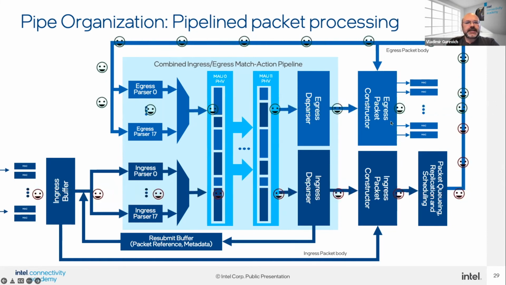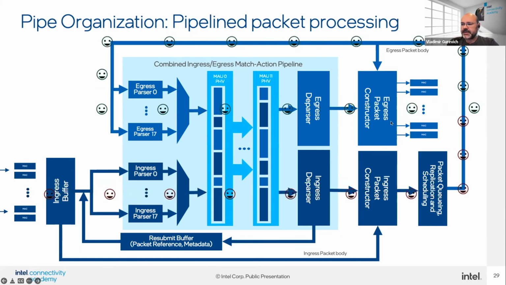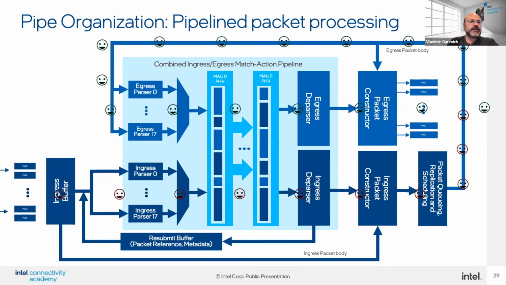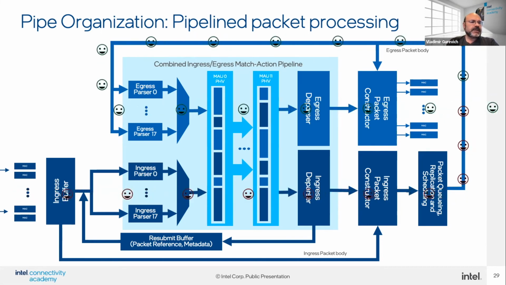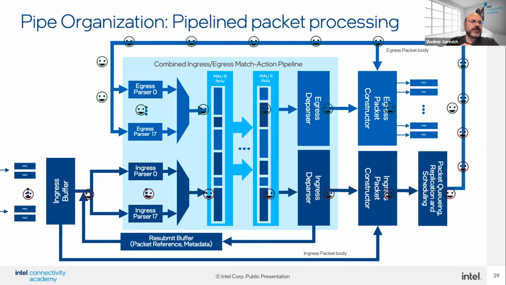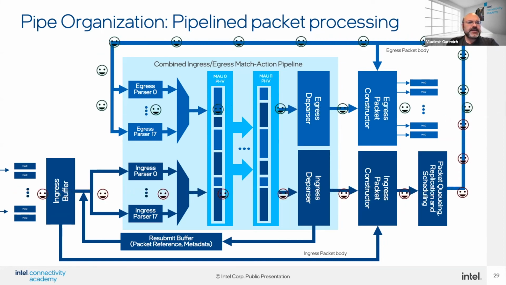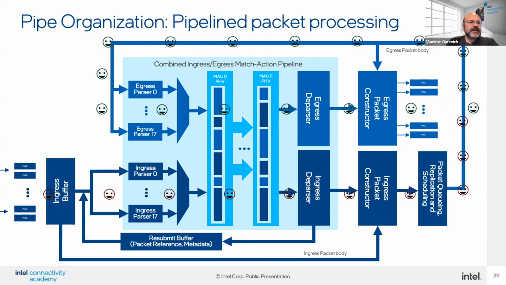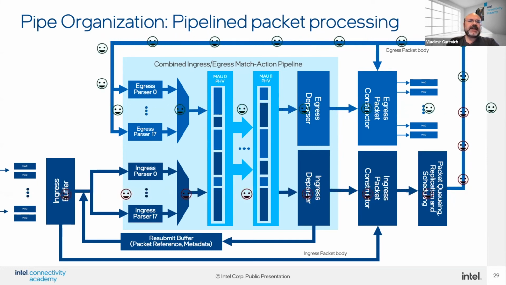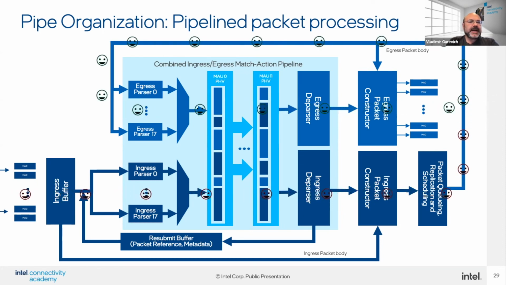and send it out to the egress. What might be interesting is for you to notice that even though we process one packet per clock, the pipeline, even on this animation, is pretty long. And so as you can imagine, at the same time, we process in here a couple of dozen packets.